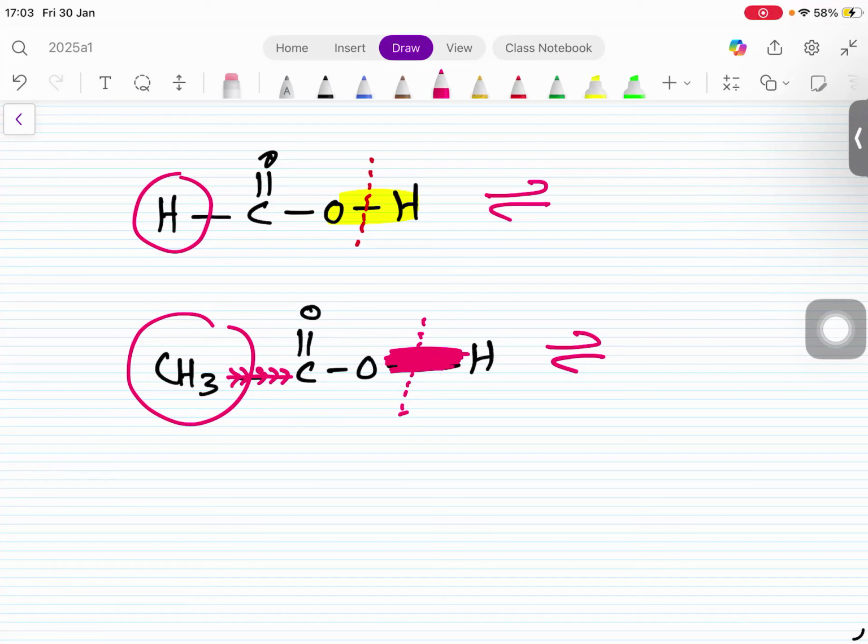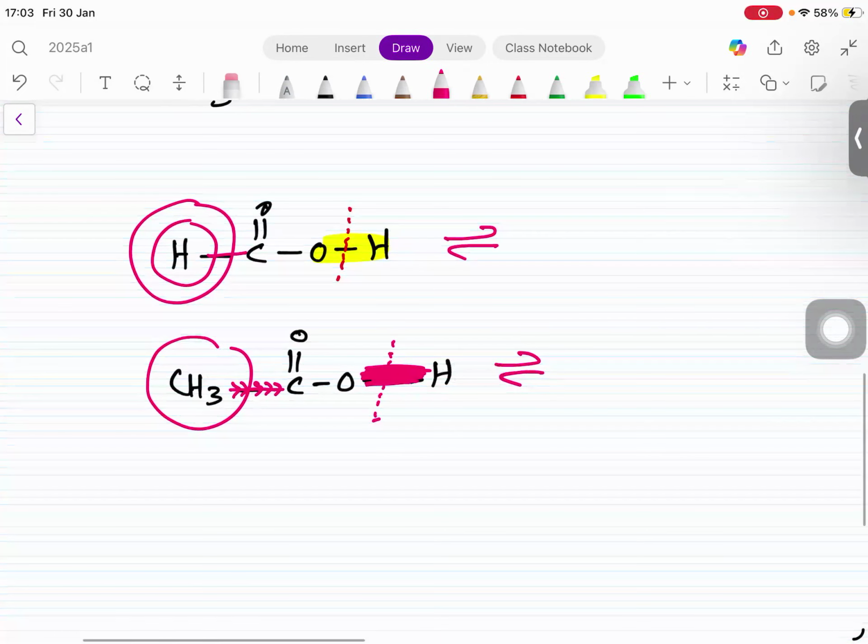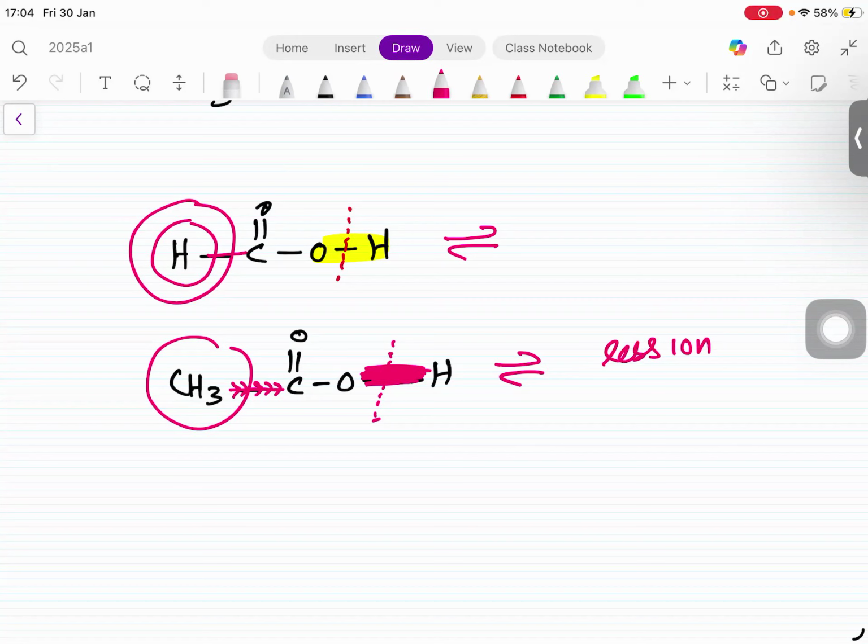On the other hand, hydrogen is not withdrawing or donating, so that OH bond is not as strong. Therefore, in CH3COOH, the OH bond is stronger than in HCOOH. When the bond is stronger, there is less ionization. When there is less ionization, it means weakly acidic. So who is less acidic then? CH3COOH as compared to HCOOH.